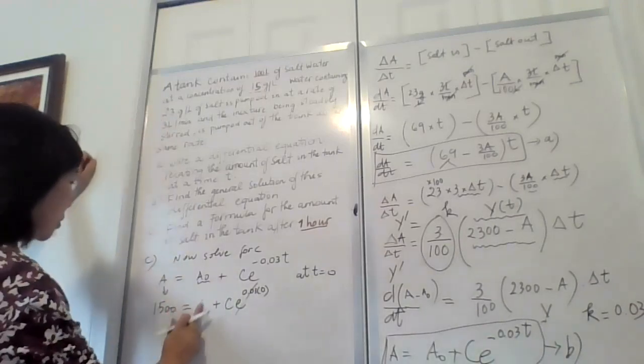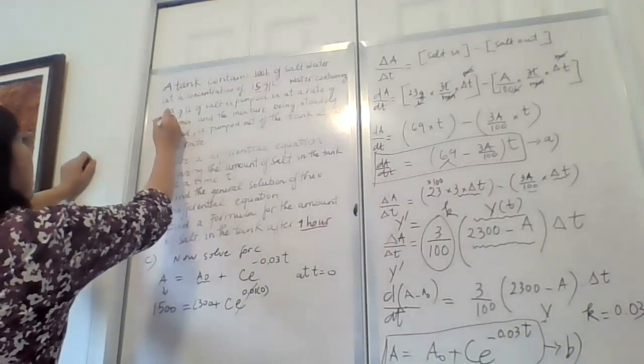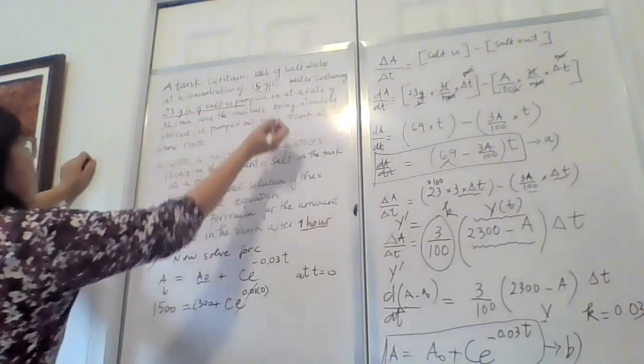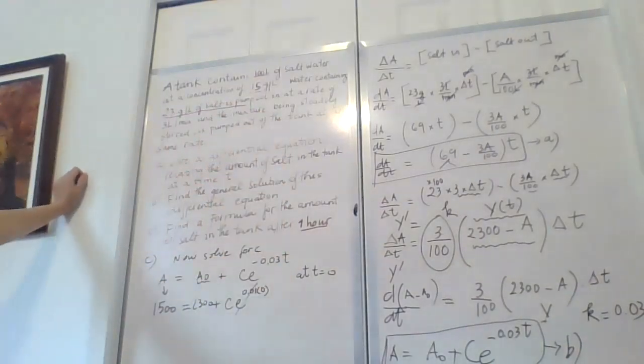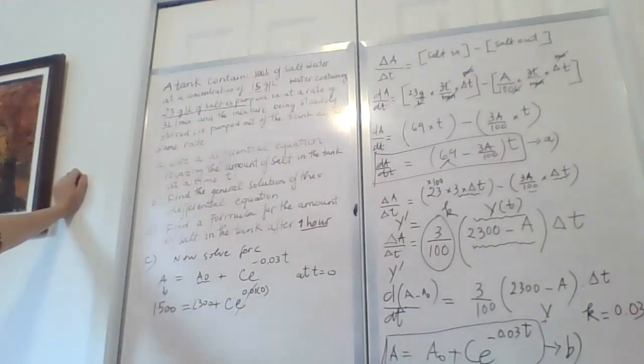Yes, we do. So that is 2,300, because we're going to calculate the amount of sun pumped in at the rate of that, when water containing 23 grams per liter of sun is pumped in at the rate of 3 liters per minute, and the mixture being steadily stirred is pumped out of the tank at the same rate.